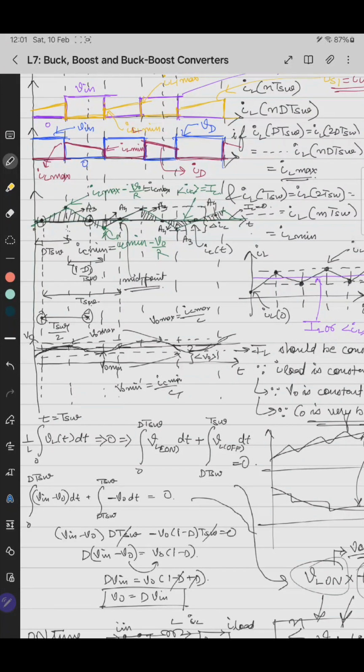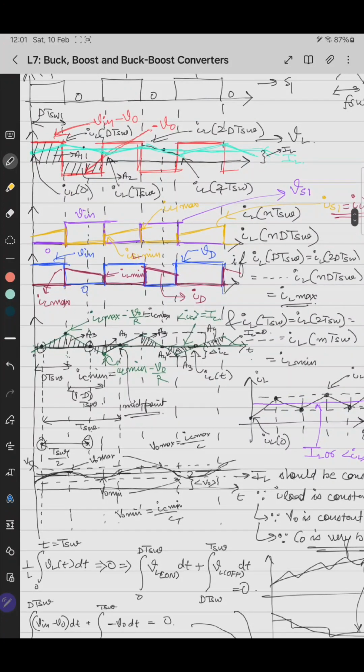So we saw that the average value of the inductor current should be constant. The average value of the voltage across the inductor in each cycle should be 0, which means that it should energize and de-energize equally, or the areas A1 and A2 in the inductor voltage versus time graph should be equal, positive and negative.